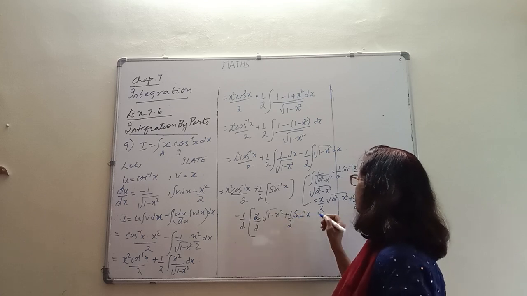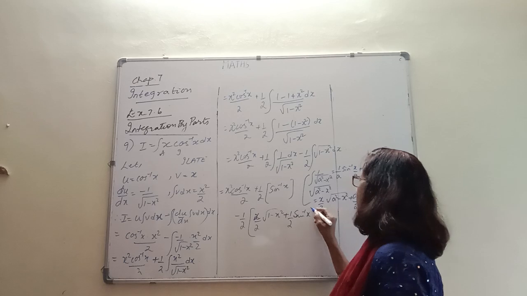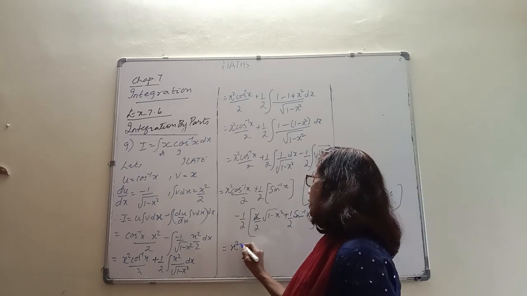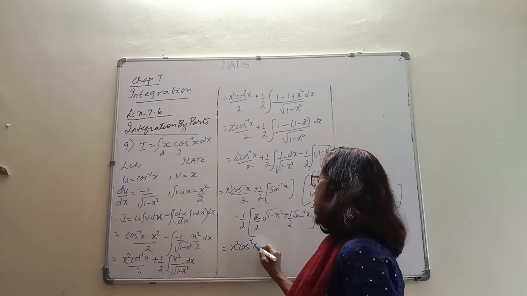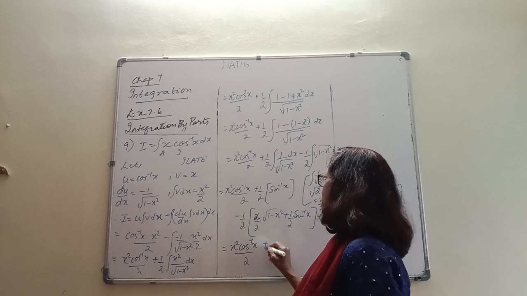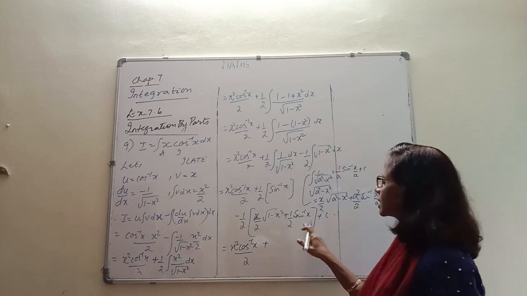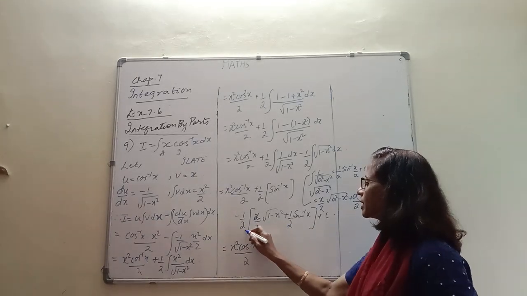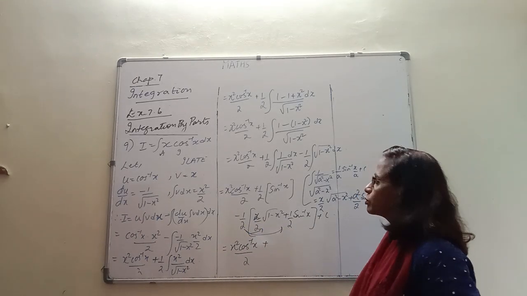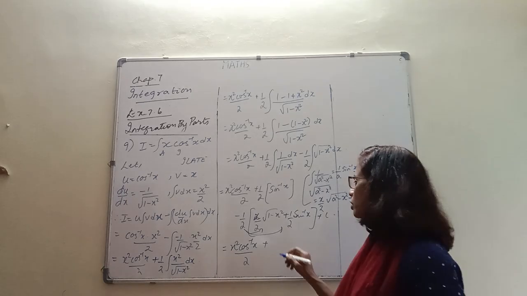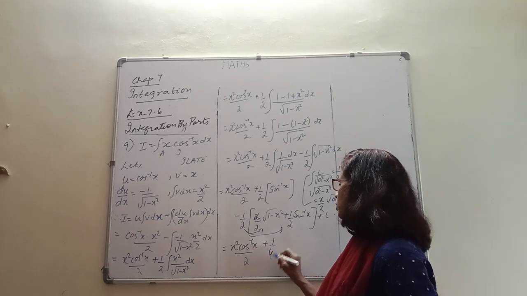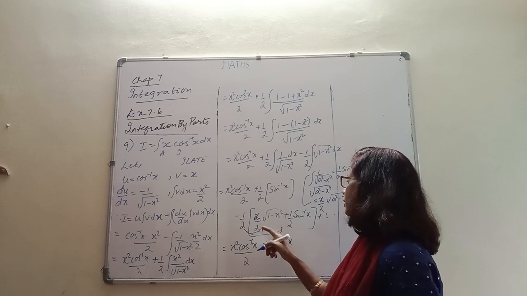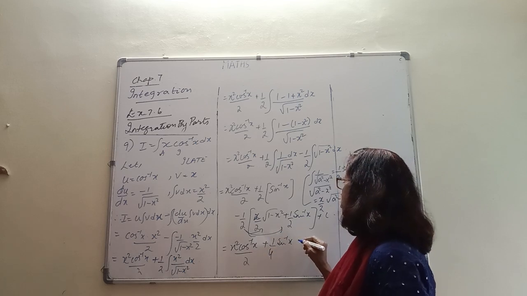So it's sine inverse of x, a for us is 1, plus c. Thus we have x squared cos inverse x over 2 plus half times sine inverse x, and this is minus 1/4 when we expand it. So half minus 1/4 is 1/4. So you will get 1/4 sine inverse x, and the leftover term.